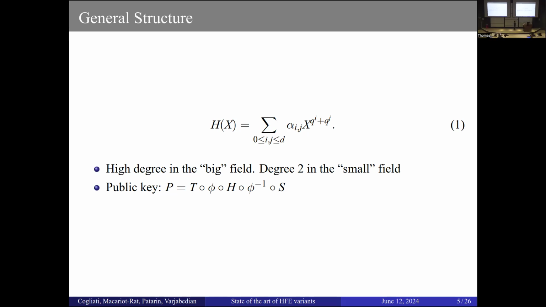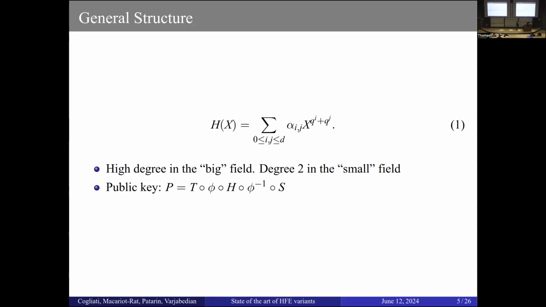With that property, when we see H in the small field, it becomes a system of quadratic polynomials. But the degree in the big field is relatively high. Not too high, because it needs to be small enough to be solved through root finding algorithms such as Berlekamp.